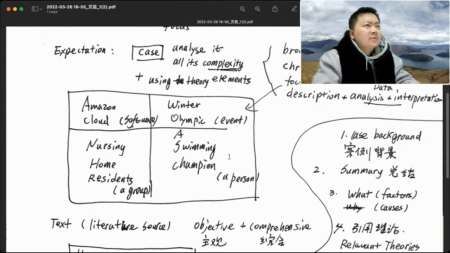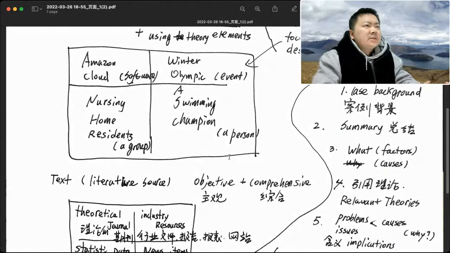You write about Amazon Cloud. A case study can be focused on a specific event, such as the Winter Olympic Games that just finished in Beijing.